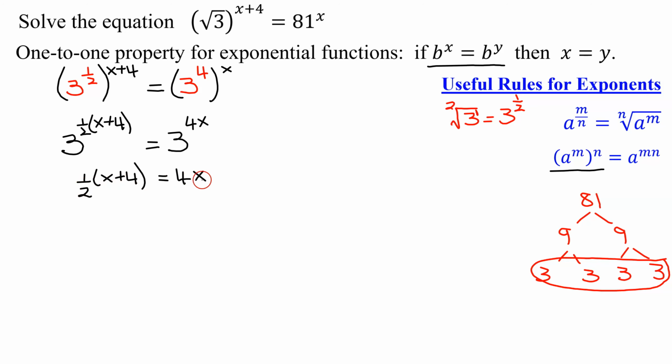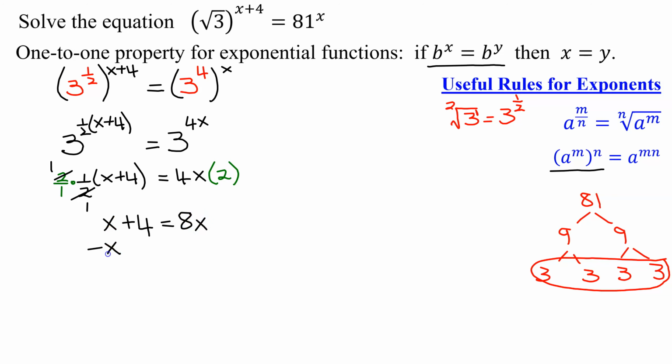So now I have a simple linear equation. Let's get rid of our fraction. I'm going to multiply both sides by 2. So my 2's reduce on the left-hand side, and I just get left with x plus 4 equals 2 times 4x, so it's 8x.